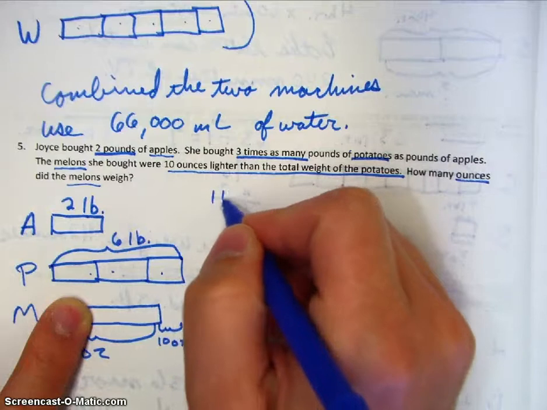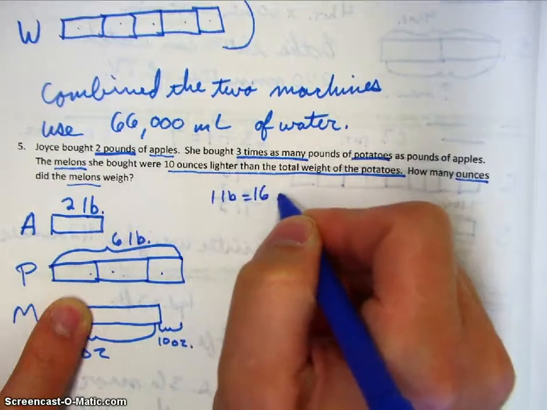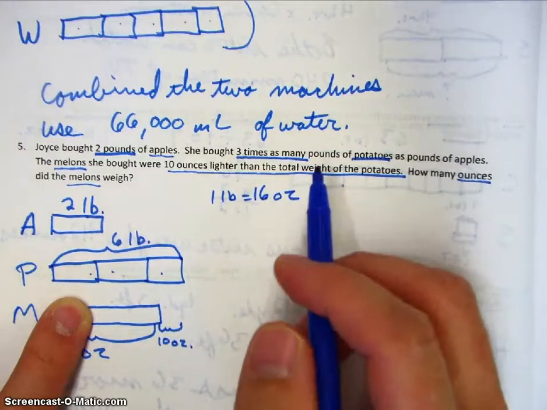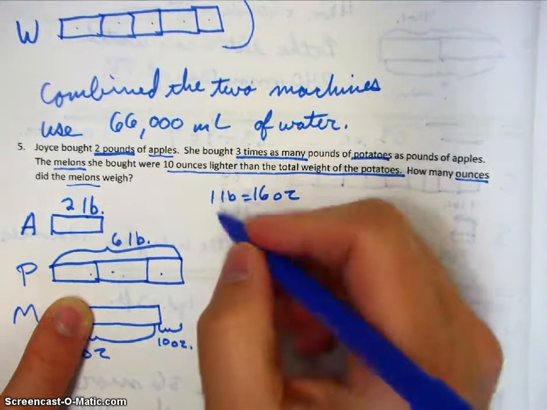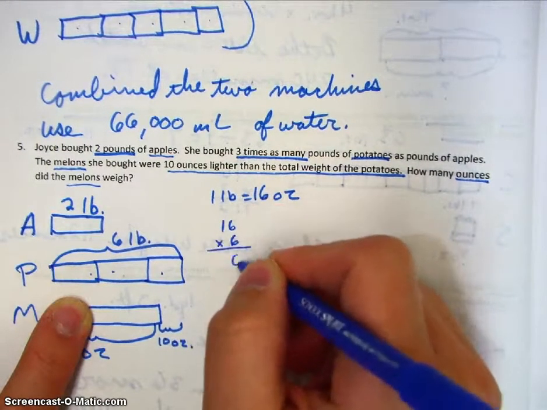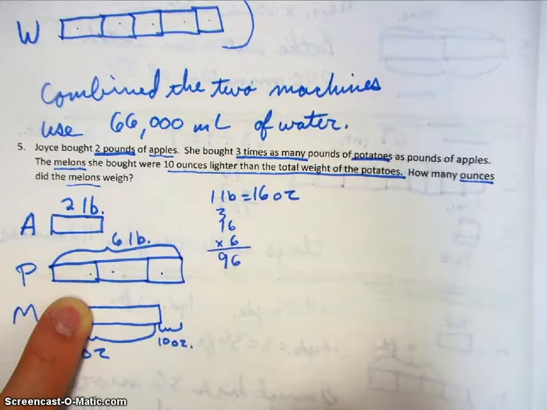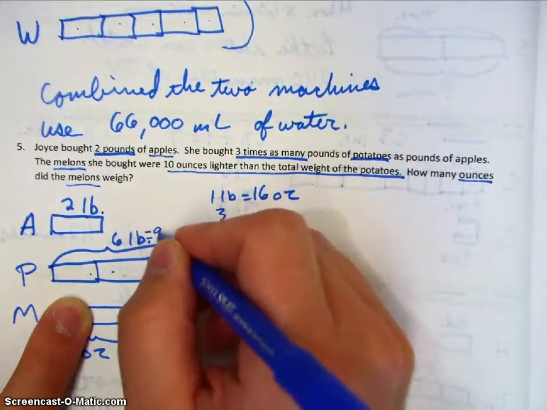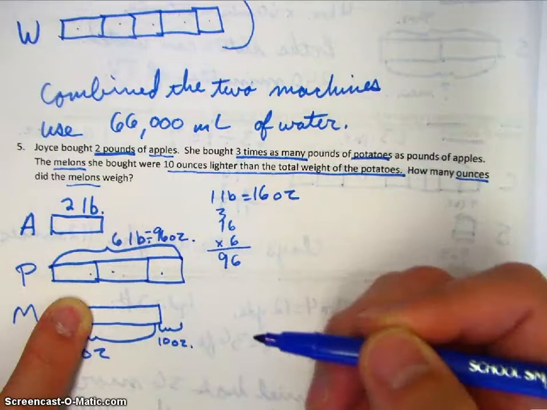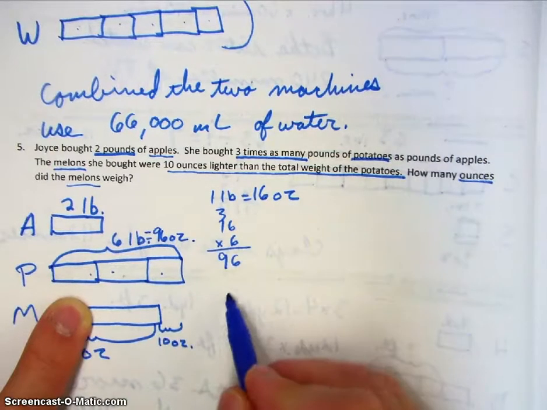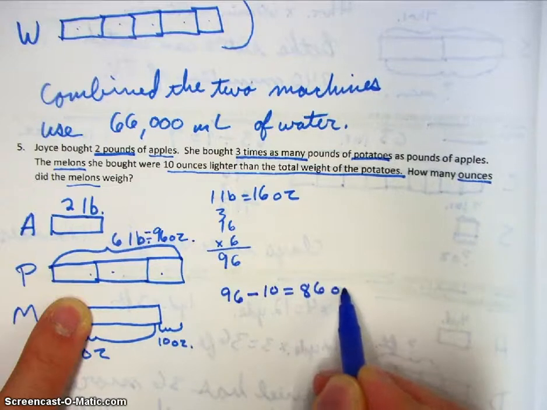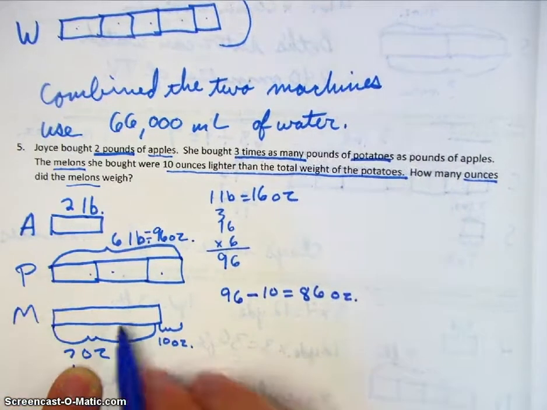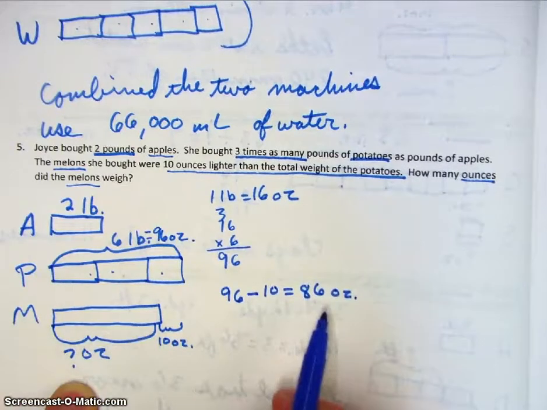Remember that 1 pound is 16 ounces. In order to subtract the 10 ounces, we need to convert our 6 pounds into ounces so that we have common units. 16 times 6 is 96, so our 6 pounds is 96 ounces. Now we can do 96 minus 10 to get 86 ounces. So our melons weigh 86 ounces.